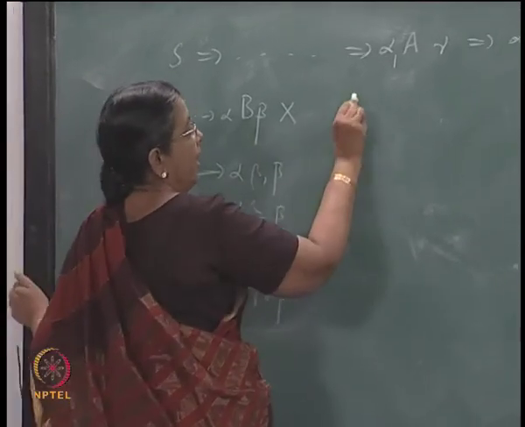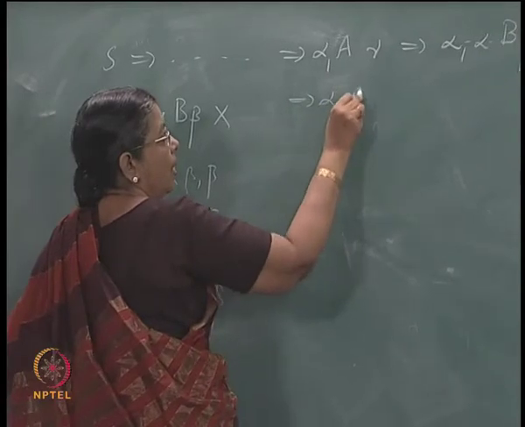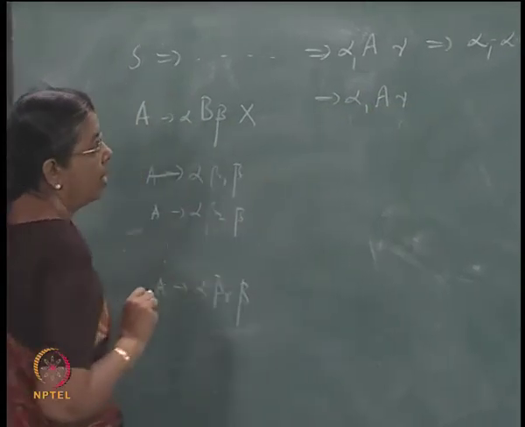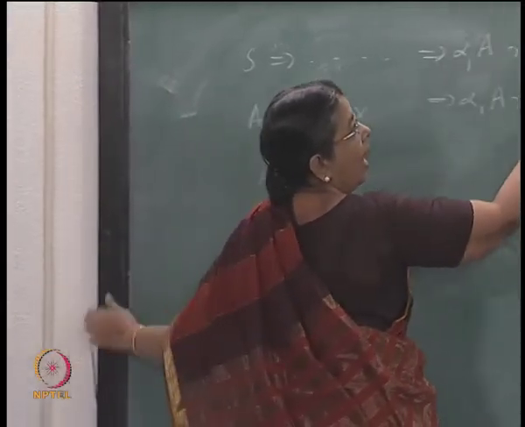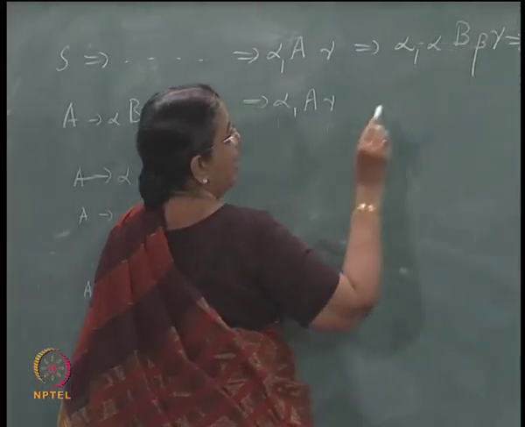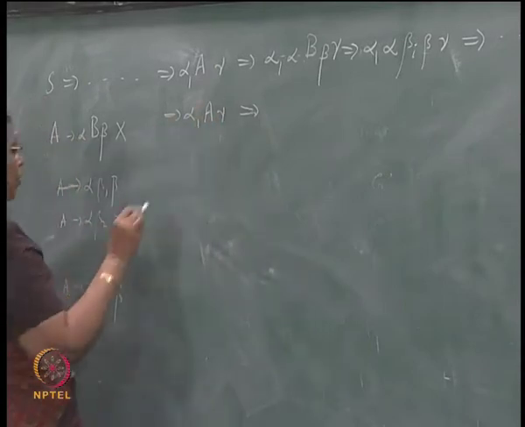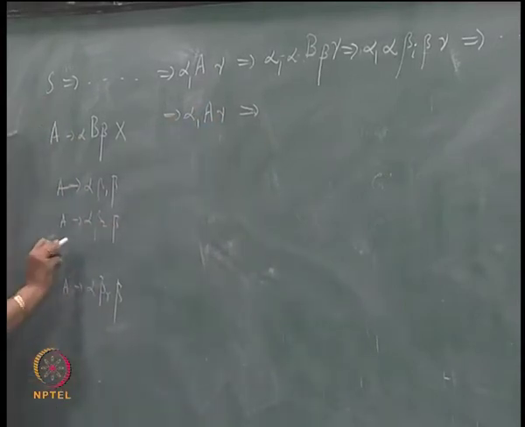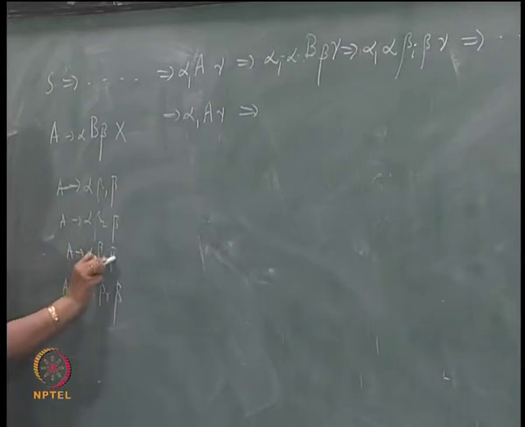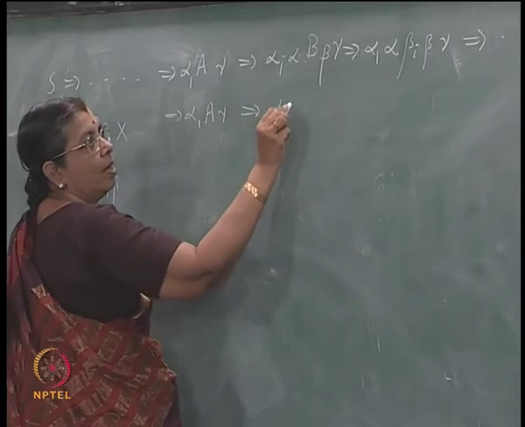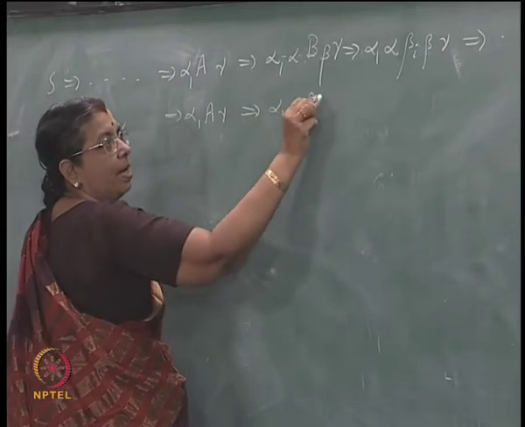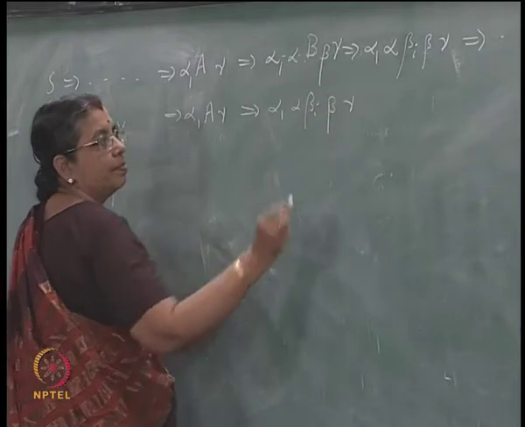So, at this stage instead of using this rule and then replacing B by beta i, straight away you can use the rule A goes to alpha beta i beta and write it as alpha 1 alpha beta i beta gamma.